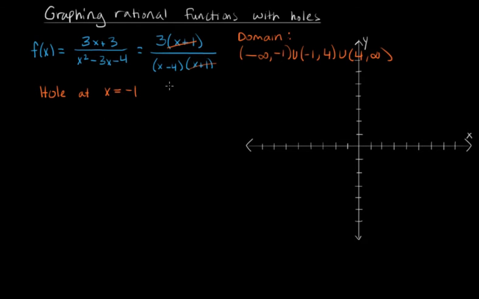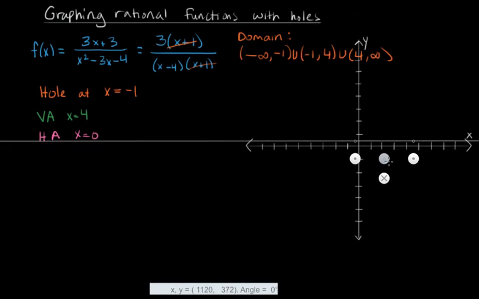3 over x minus 4 is going to have a vertical asymptote at x equals 4. The degree of the numerator is less than the degree of the denominator, so it's going to have a horizontal asymptote at y equals 0. Let's go ahead and draw those in.